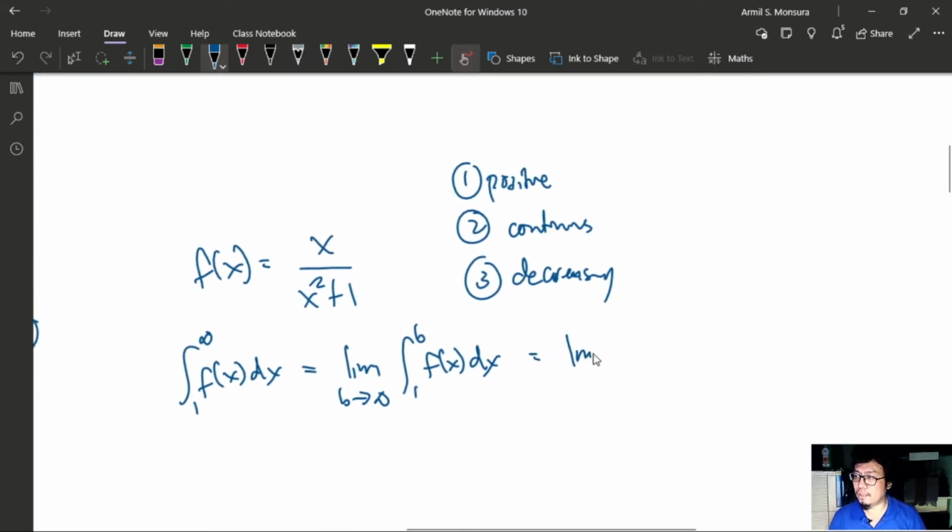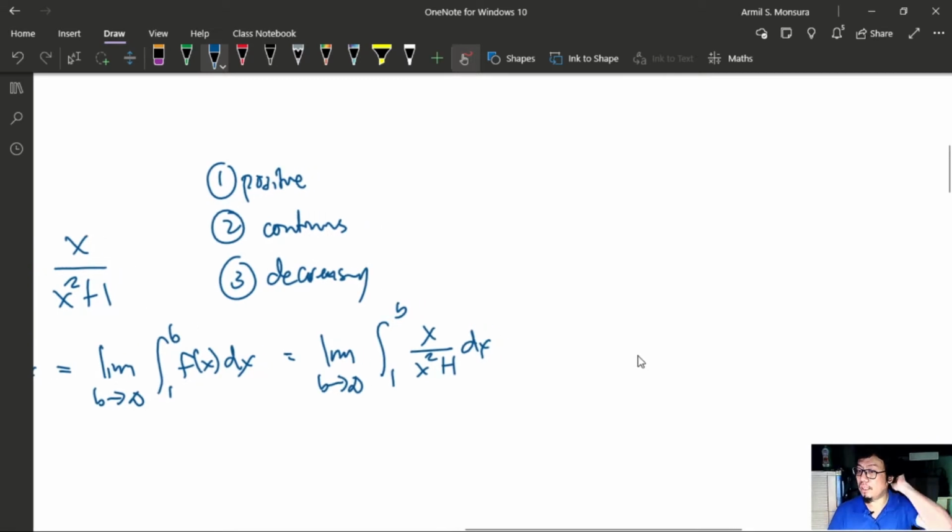So we have the limit of the integral of x over x squared plus 1 dx from 1 up to b as b approaches infinity. So how do we integrate this one? We recognize first that we can let u be x squared plus 1, so that its differential is 2x dx.